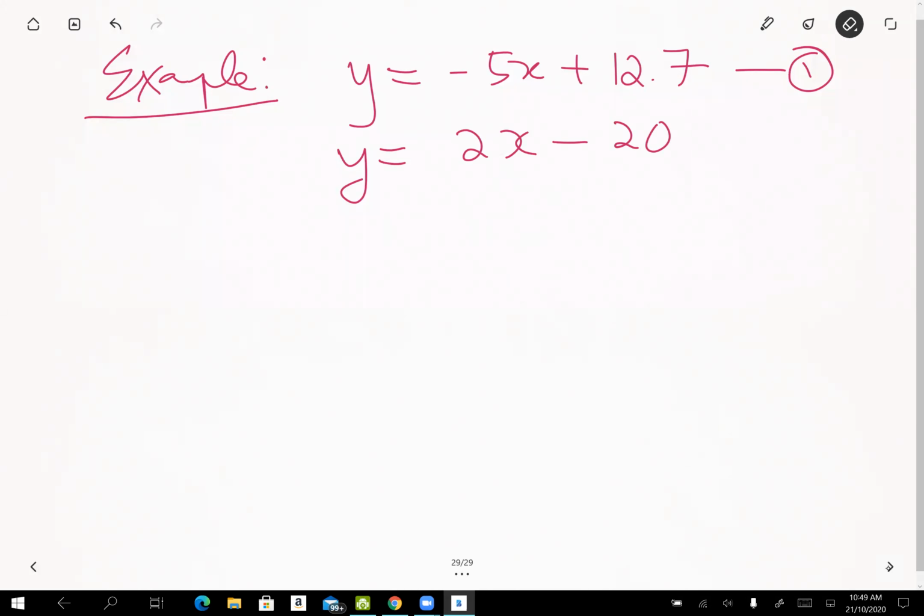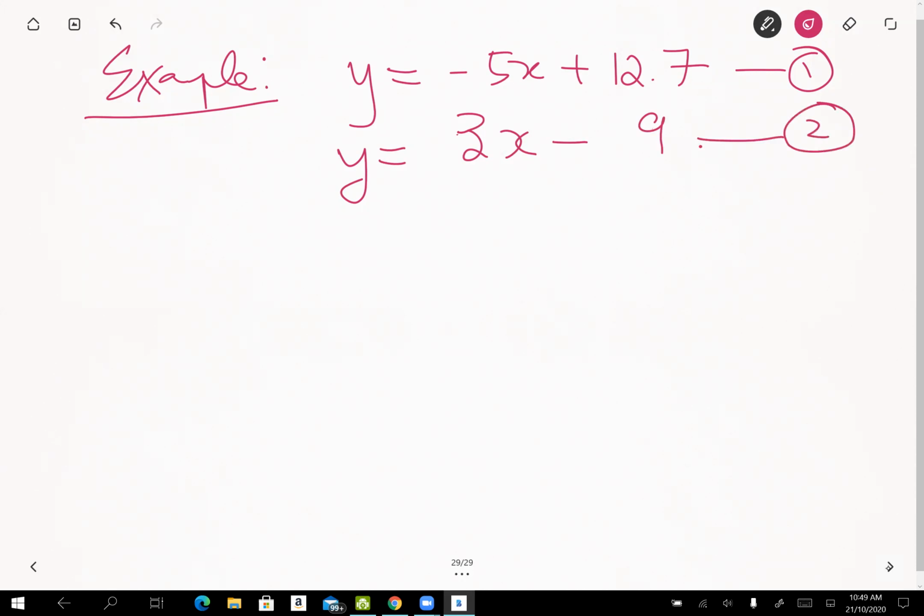Here, negative 3x minus 9. So that we call number 2.